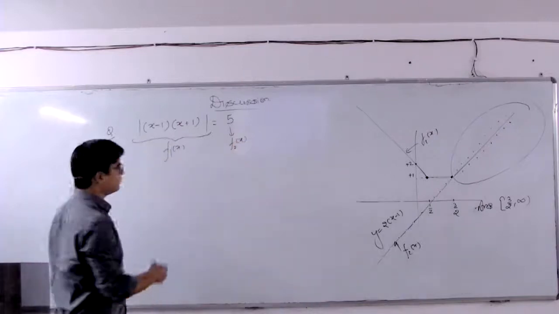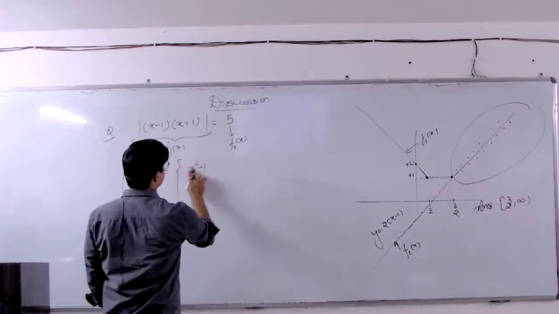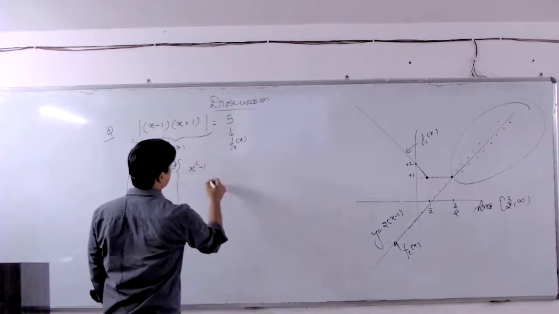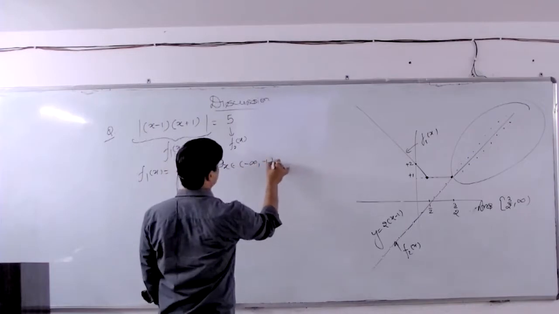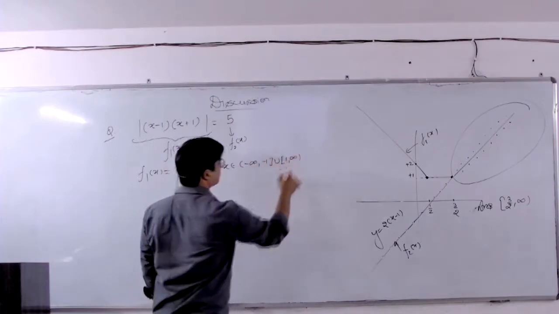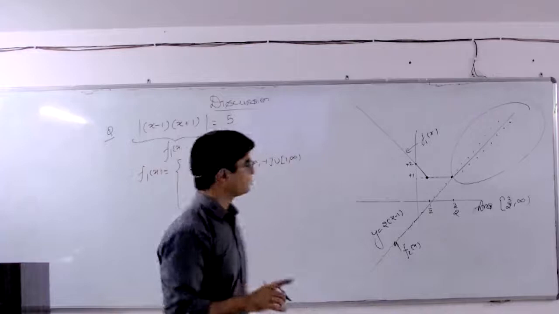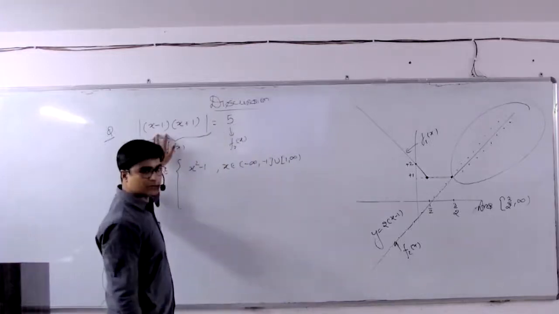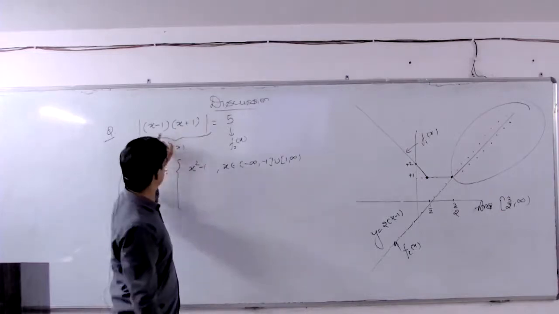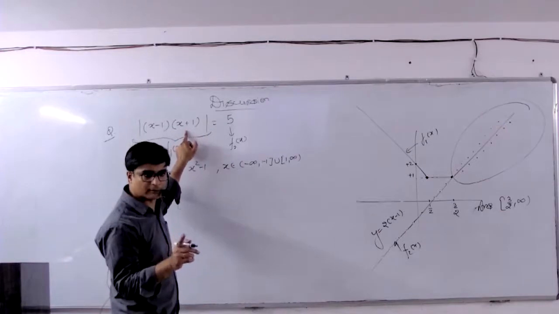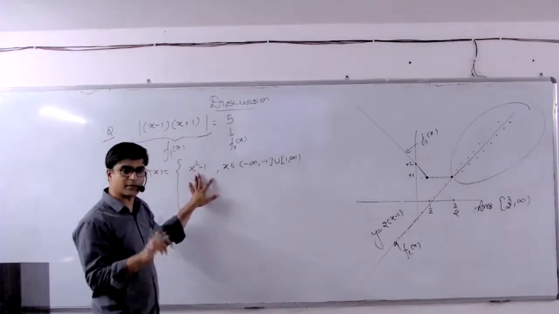Now f1(x) is equal to x square minus 1 whenever x is an element of minus infinity to minus 1 union 1 to infinity. f1(x) is mod of (x minus 1) into (x plus 1), which is basically mod of x square minus 1. I am directly writing mod of x square minus 1 as x square minus 1.